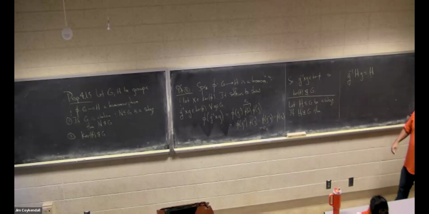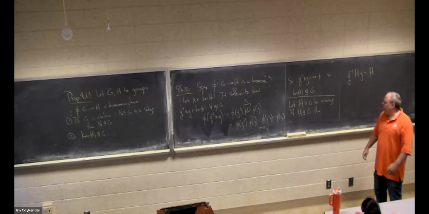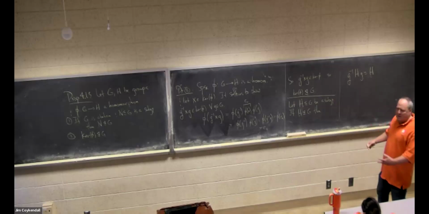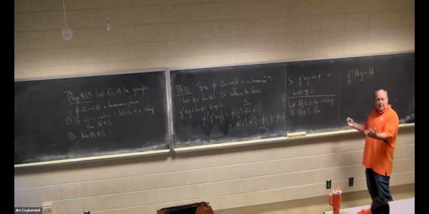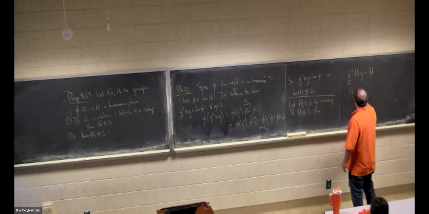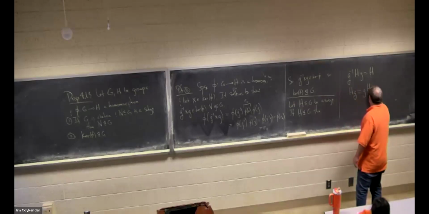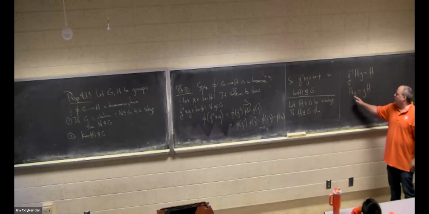That's what normal is. If I was manipulating this in a very naive way, I might say, hey, look, I can multiply both sides by g, and I get this. This is an equivalent way to think about H being normal. These are called cosets, left coset, right coset.